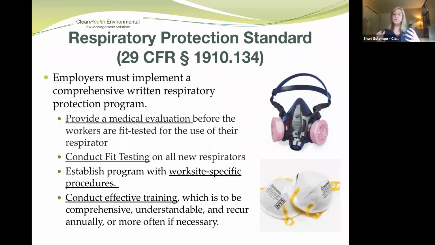So the first key component of having your folks wear respirators such as the N95, as you see at the bottom corner there, is to create the respiratory protection program and then have the medical evaluation, the fit testing, and the procedures all fall under that. Another key component of the respiratory protection standard is training on that specific standard and precisely what and how they use their respirators correctly.